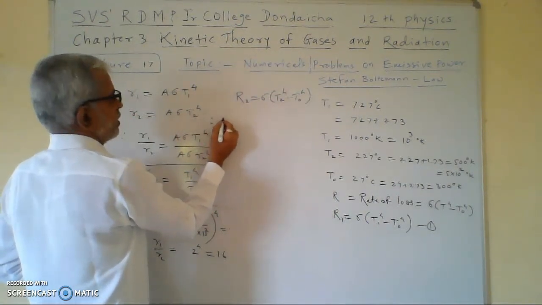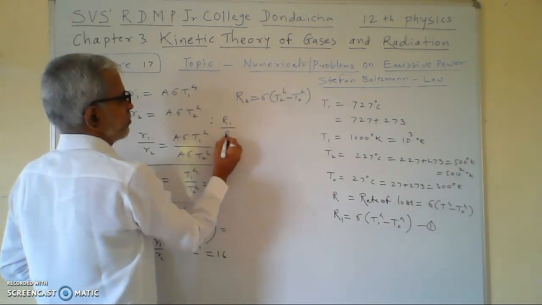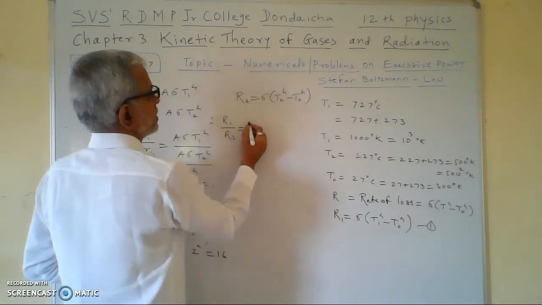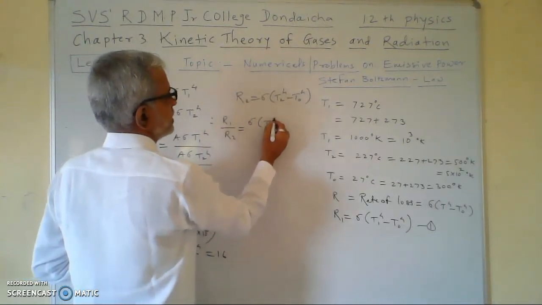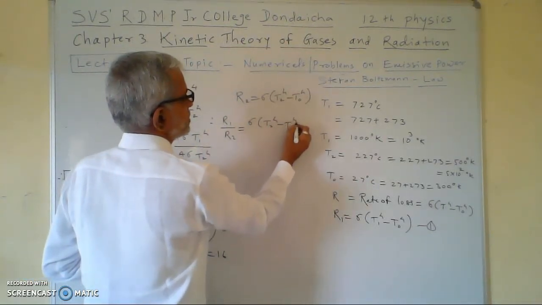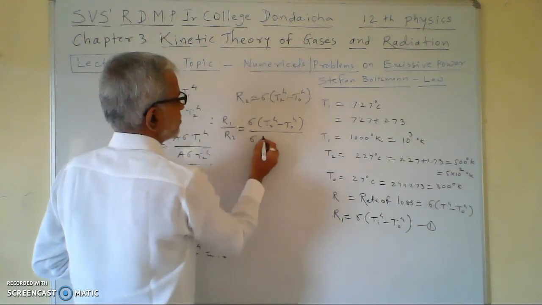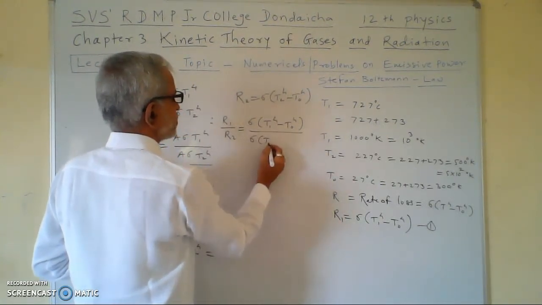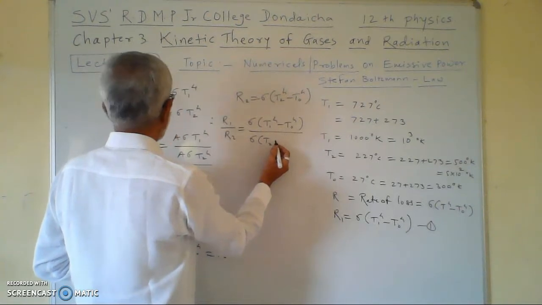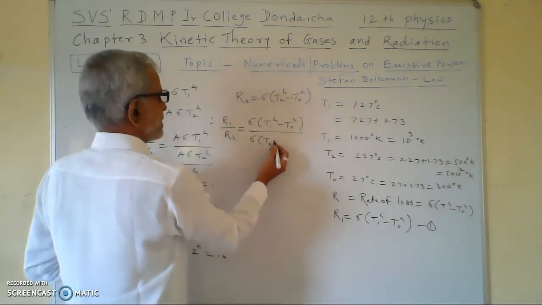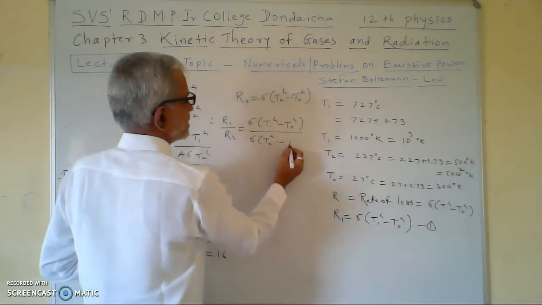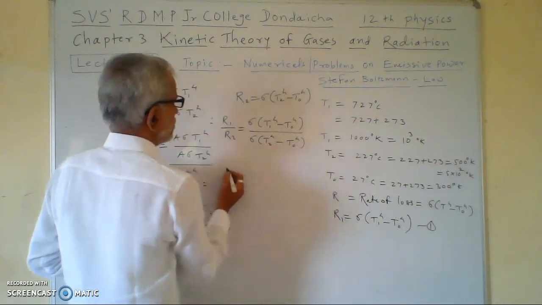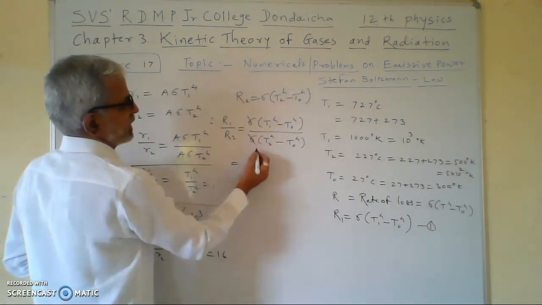Therefore, R1 upon R2 equal to sigma T1 raised to 4 minus T0 raised to 4 upon sigma T2 raised to 4 minus T0 raised to 4. This sigma will get cancelled.